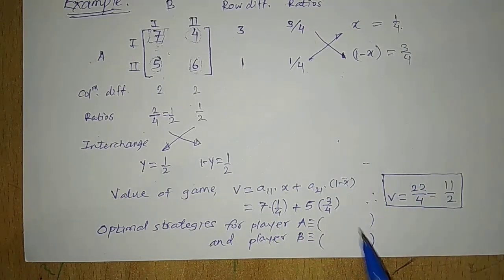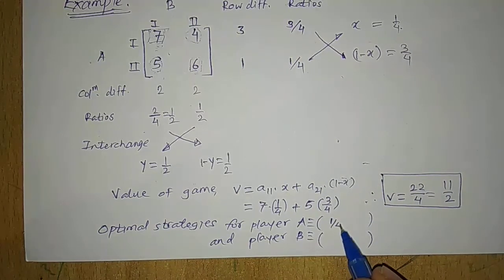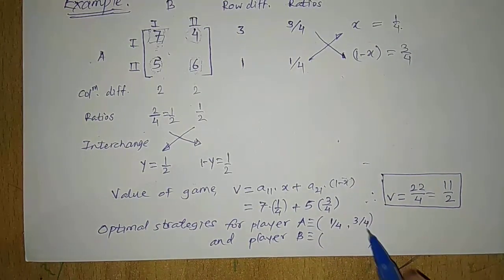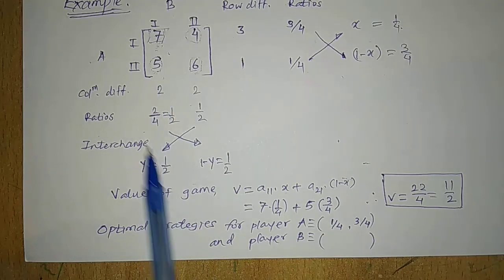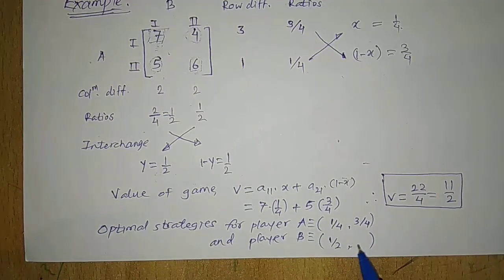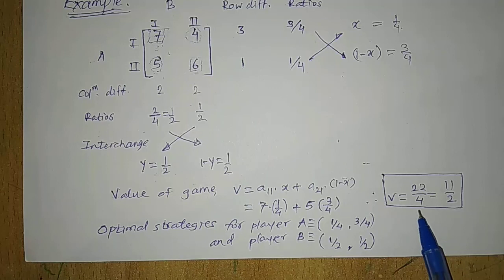Let us write here 1 by 4 and 3 by 4. Similarly, for player B, we write here 1 by 2 and 1 by 2 respectively. So we require this answer: the value of game and the optimal strategy for each player.